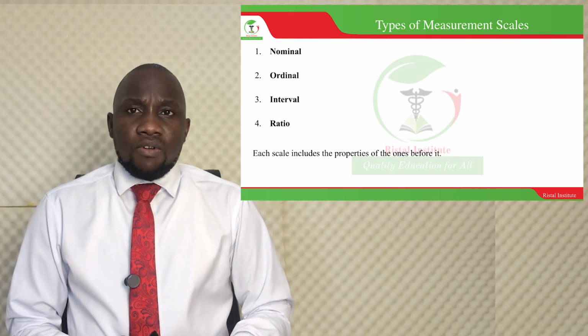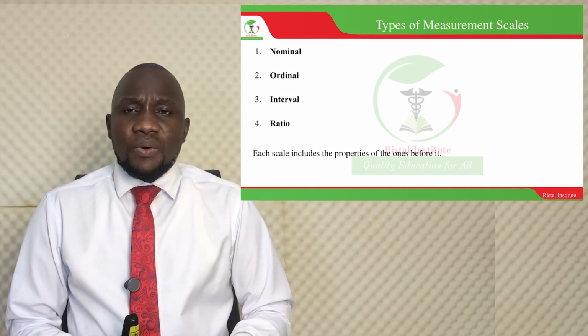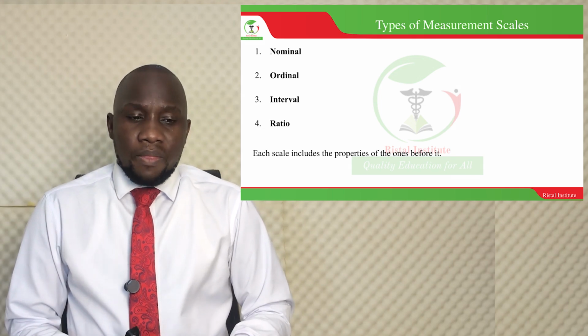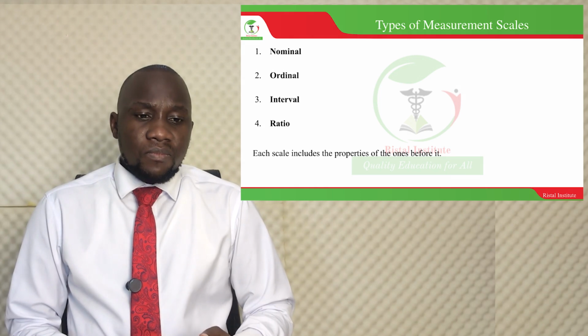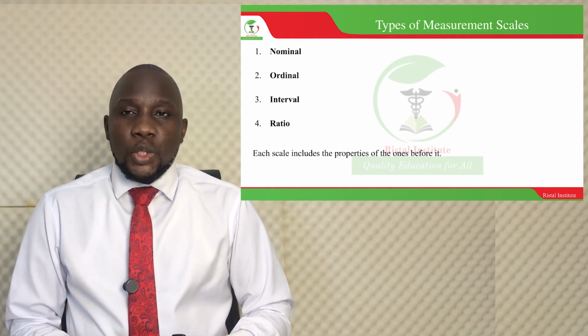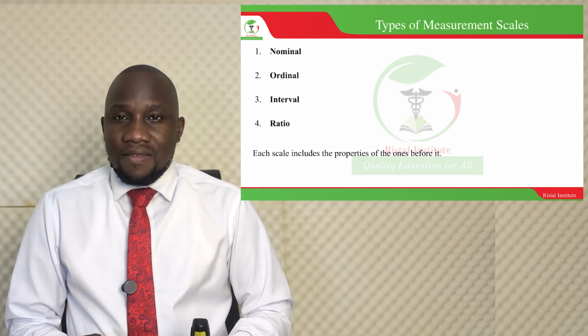Okay? So remember that under categorical data, that's where we have nominal and ordinal. And then interval and ratio data are the other types of data that we can have. So we can say ratio data, interval data.